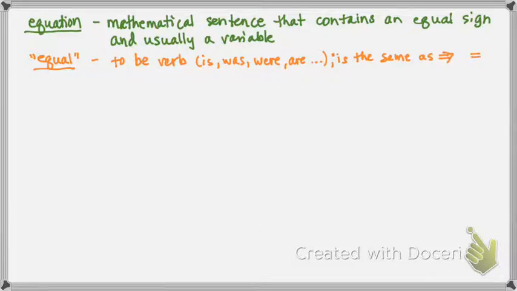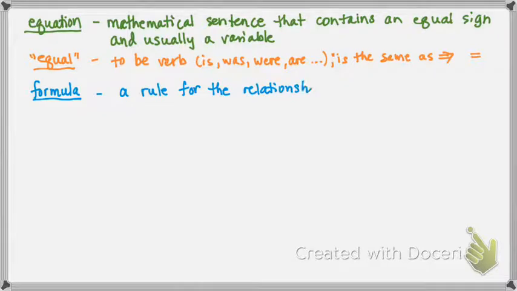Okay. Now, we have a very special equation called a formula. So this goes with geometry. It's a rule, and a lot of science has formulas, for the relationship between different quantities.